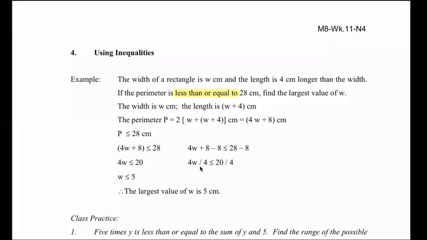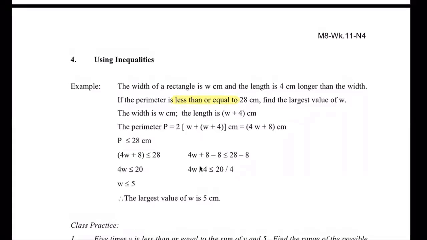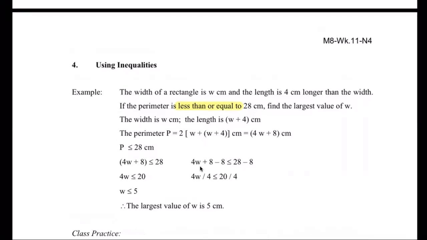By now, we should know the difference between less than and less than or equal to, bigger than and bigger than or equal to. These four statements mean different things. I will repeat this because this is very important.